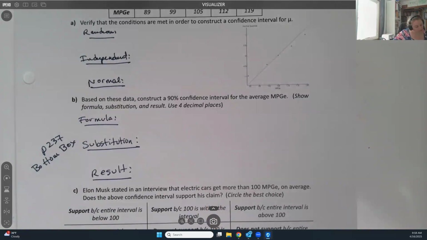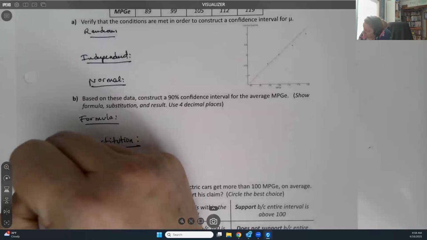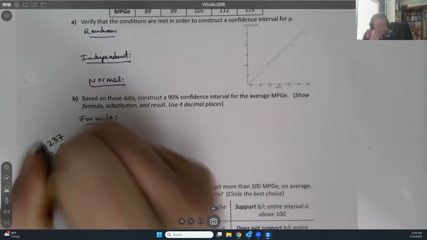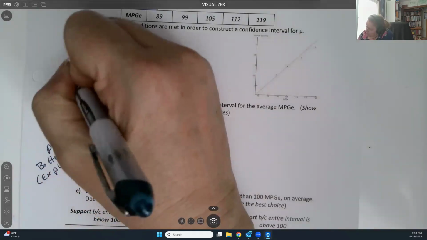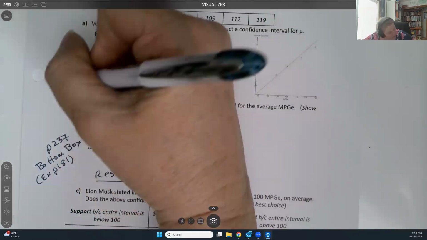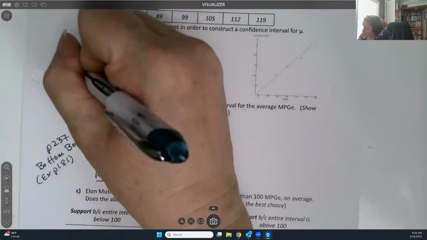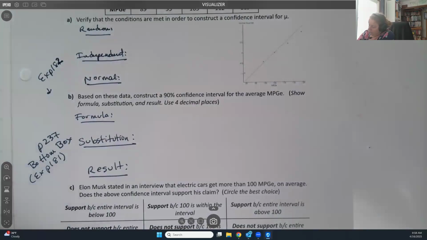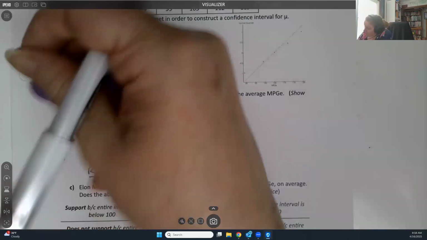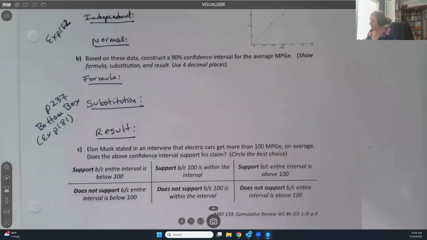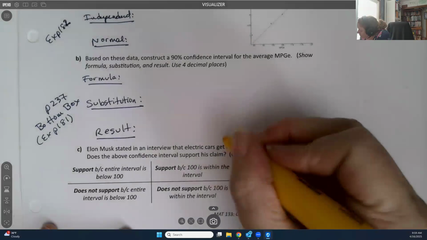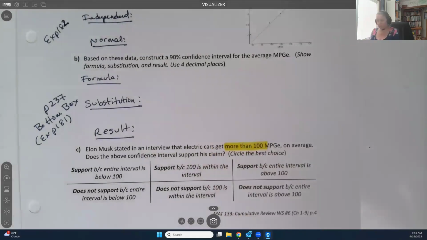Hold on. Delay that. 181. So if you're looking for an example, page 181. And I did this as well. Page 181 and page 182. Actually, 182 is better for that one. So if you need some old examples, and I'm just going to highlight this piece. More than 100. That's what you're looking at.